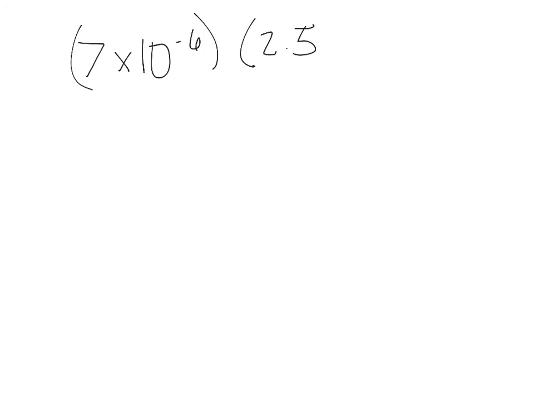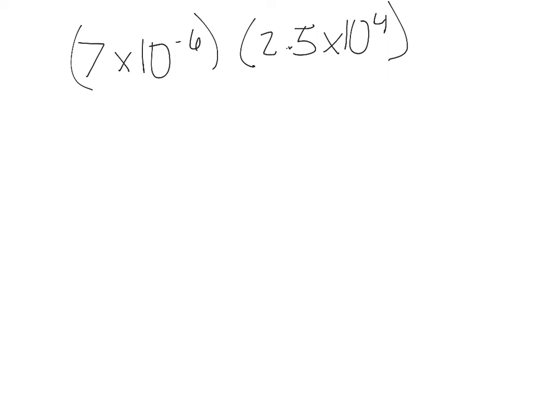Okay, I'm going to do one of the examples on page 29 on how to multiply scientific notation numbers together. I'm going to do the first one where it says work together. So you have 7 times 10 to the negative 6 multiplied by 2 and 5/10 times 10 to the 4th.